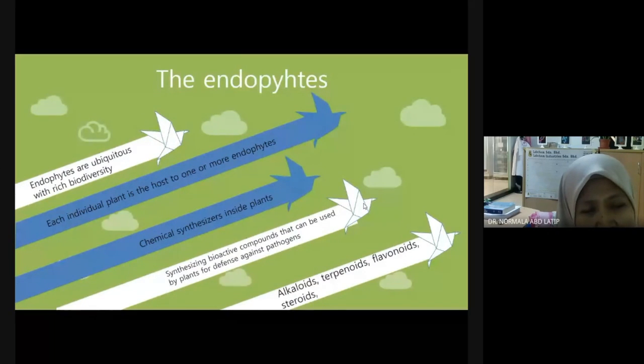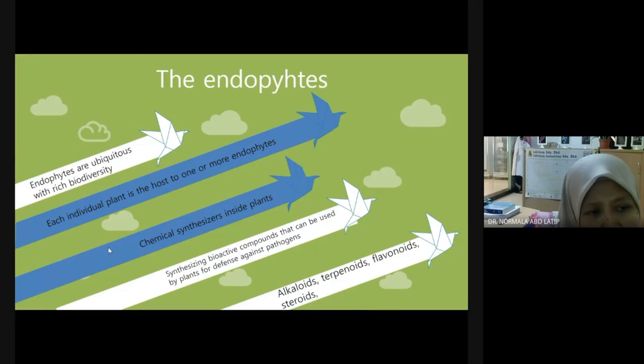So, from the discovery of endophytes, later on they found that these endophytes are ubiquitous with rich biodiversity, and each individual plant is the host of one or more endophytes.